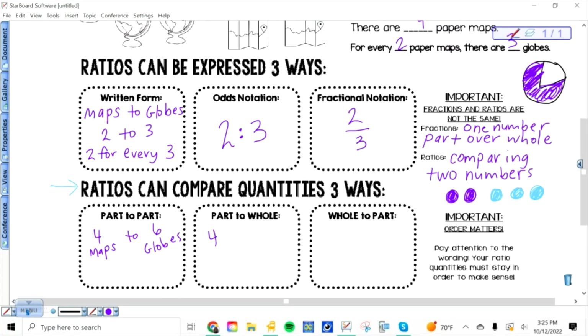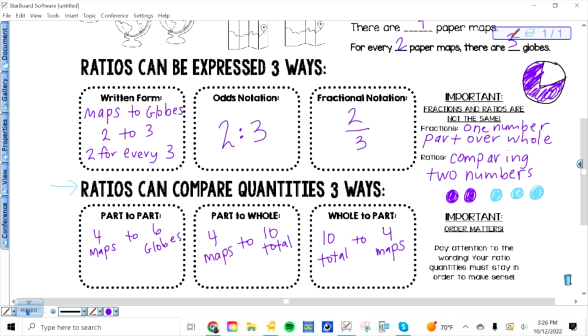So 4 maps to, what was the total? 10. So to 10 total. Or you can do it the opposite way. Look at the whole compared to the part. So 10 total to 4 maps.